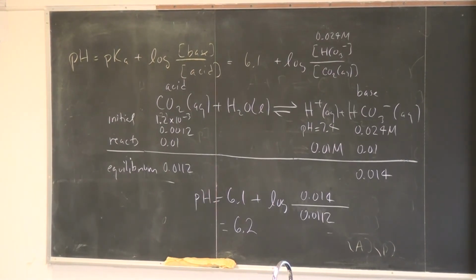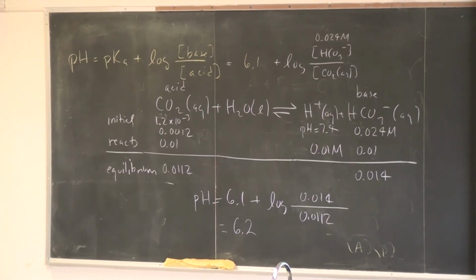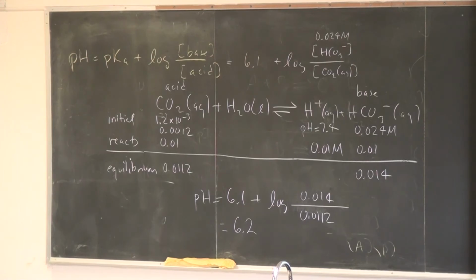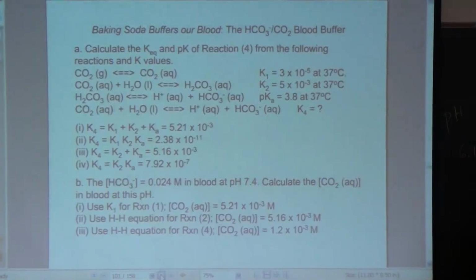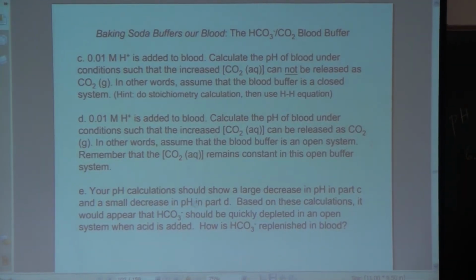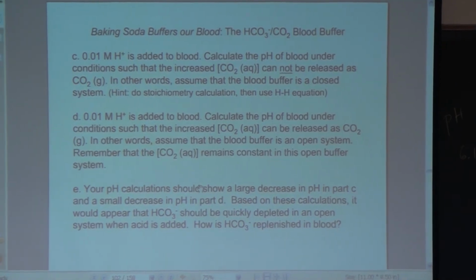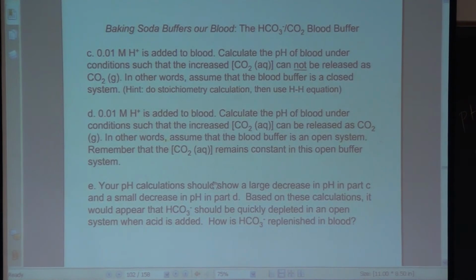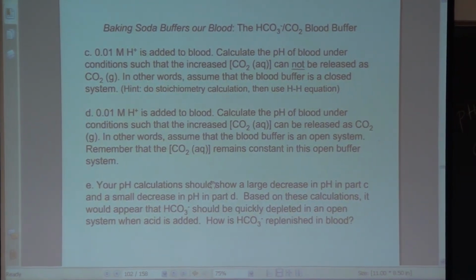Okay, note that in the previous slide it said that if the pH goes below 6.8 or goes above 8.0, the cells can't function properly and death may result. So no, that's not a good thing, if that much H plus is added to our blood. Now this assumes that the blood buffer system is a closed system.